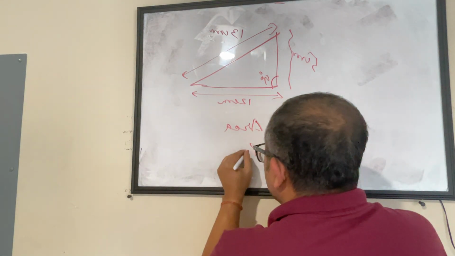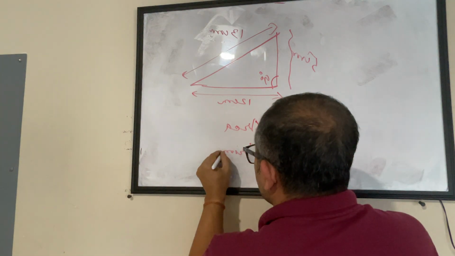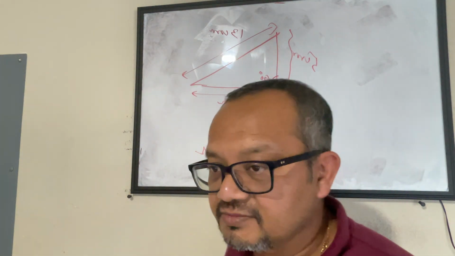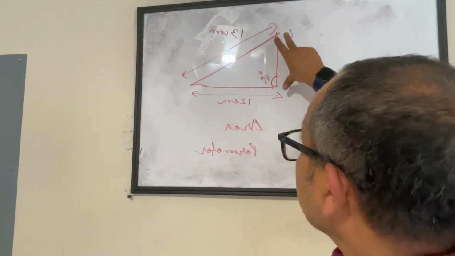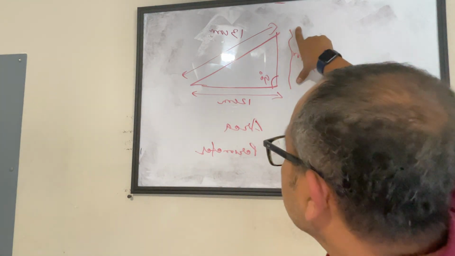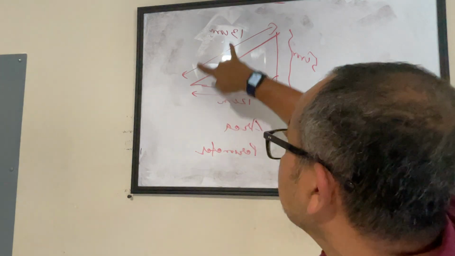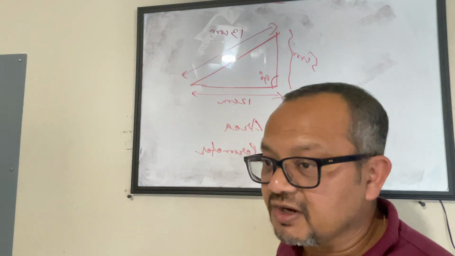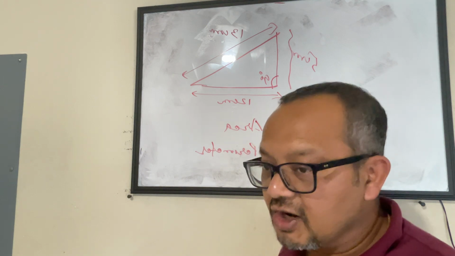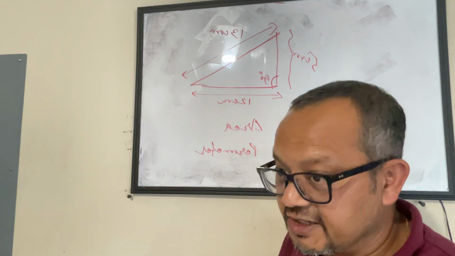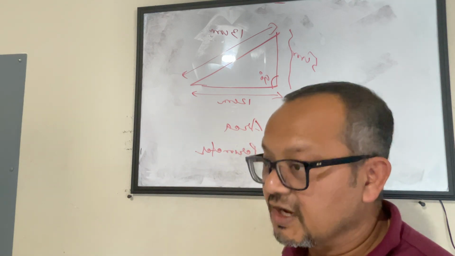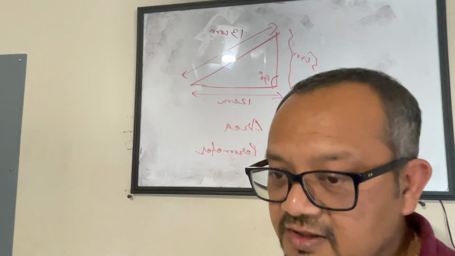So this is a right angle triangle. This side is 5 centimeter, this side is 12 centimeter, and this side is 13 centimeter. I want you guys to find out the area and perimeter of this triangle. You all know what is perimeter, you all know what is area, and we just saw the formula for area also. I want you to apply that and solve it.